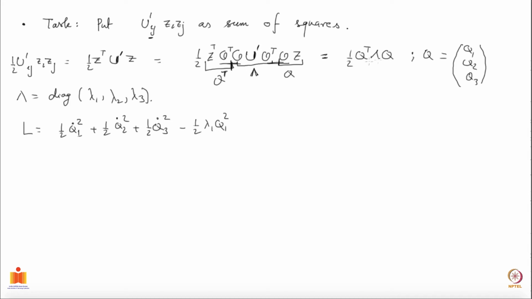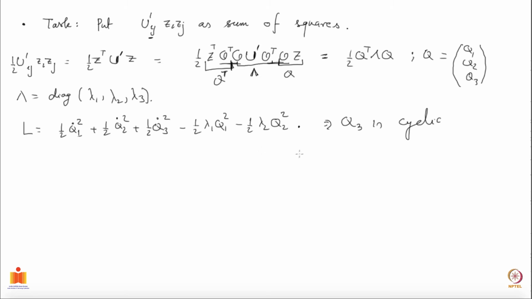If you write it in components, it will be q1 lambda 1 q1 plus q2 lambda 2 q2 and so forth, which is giving us these terms, minus half lambda 2 q2 square, and then the lambda 3 term, and lambda 3 is 0, so I am not going to write this. That term is gone, which means that q3 is cyclic, as I mentioned last time.